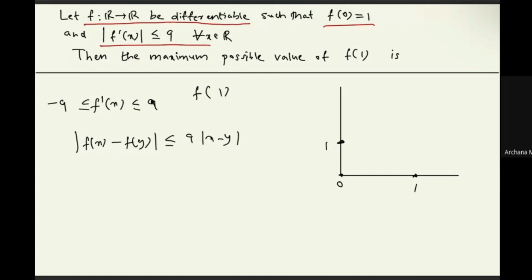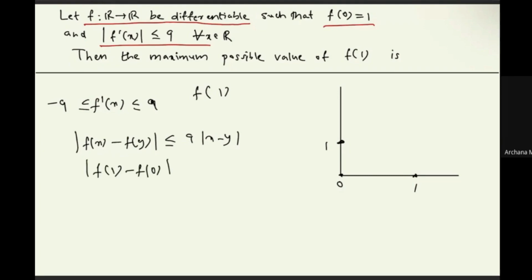Then |f(1) minus f(0)| will be less than or equal to 9 times |1 minus 0|. Yes, you put 1 and 0 in the places of x and y, because that's what we want. We want f(1) and we know about f(0). So you put x equal to 1 and y equal to 0 and see what happens.